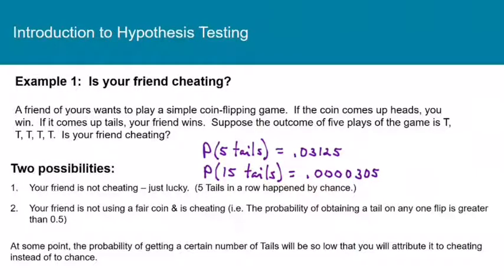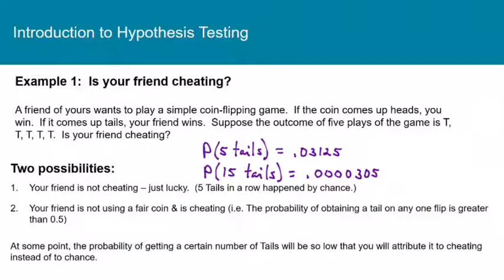So the point is that somewhere along the way, the probability of getting a certain number of tails will be so low that you will attribute that event to cheating instead of to chance. The process of hypothesis testing is really just finding the number here, finding the line that we have to cross before we stop attributing something to chance and start attributing it to some other cause.